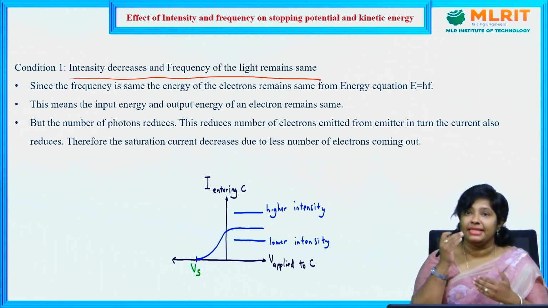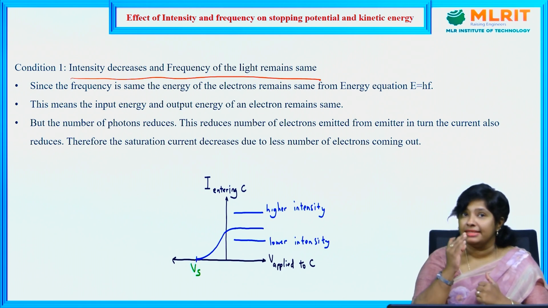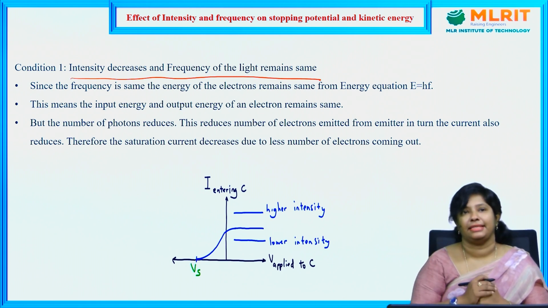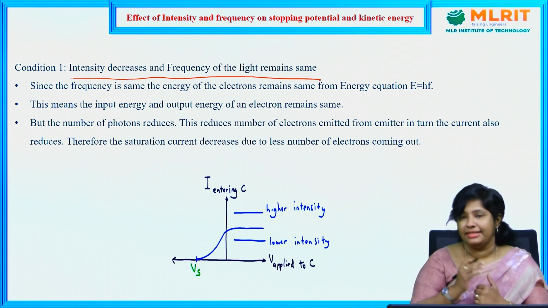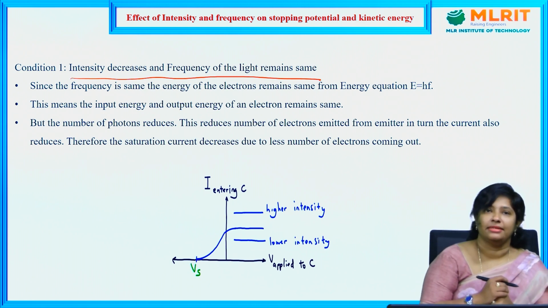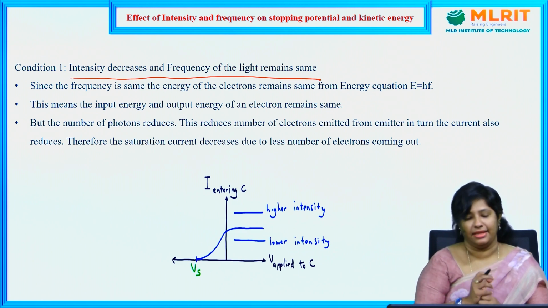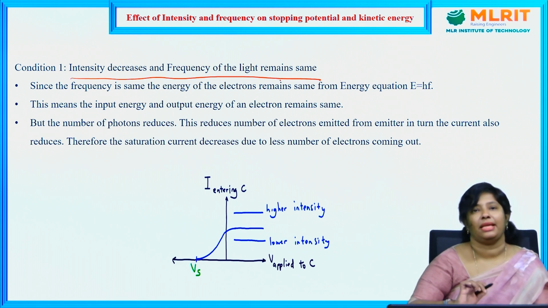If the intensity of light is decreased, what is happening here? The emission of photons from the light decreases. The frequency of the light remains the same.